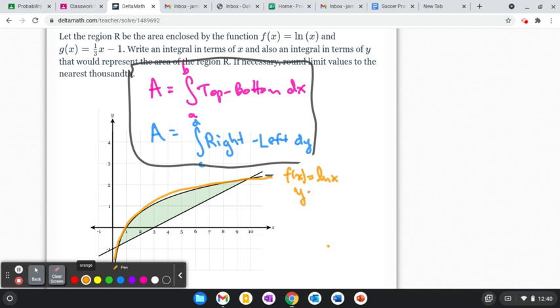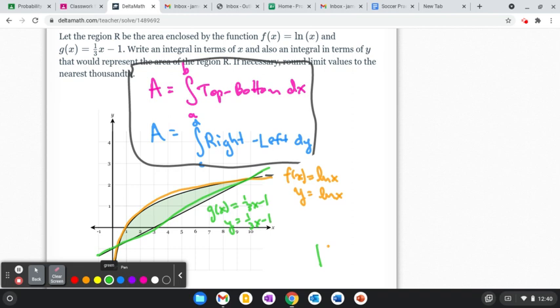So this would be equivalent to saying y equals ln of x, and that's our top one. And then our bottom one is this linear equation here. That is my g of x, which is 1/3 x minus 1. Or we could say y equals 1/3 x minus 1. Okay, so those are our two equations in terms of x.